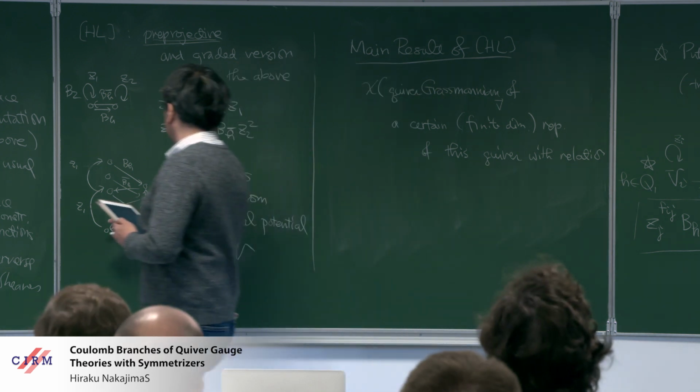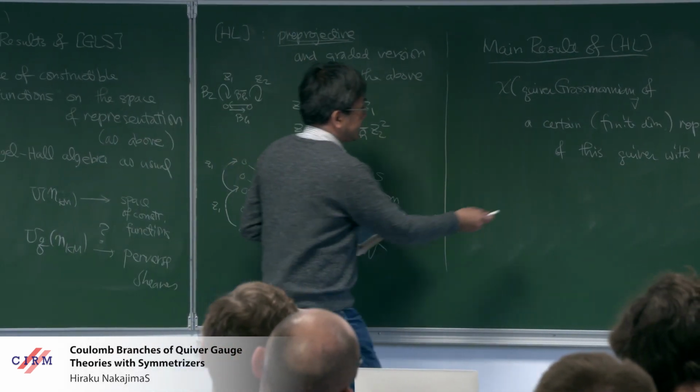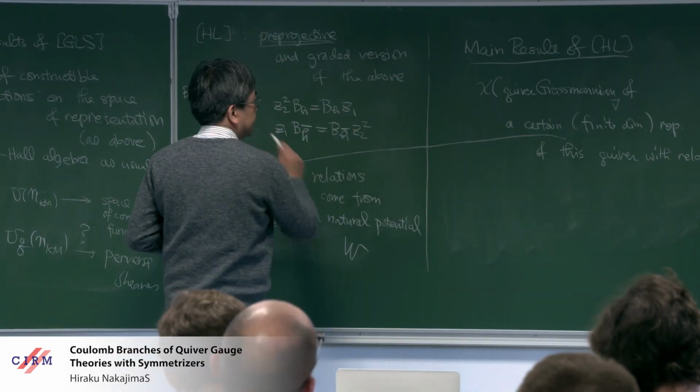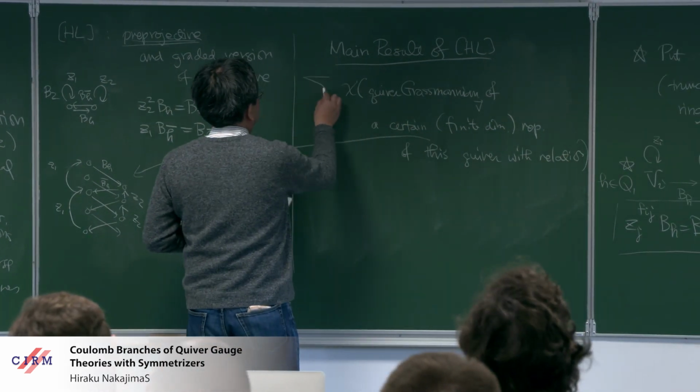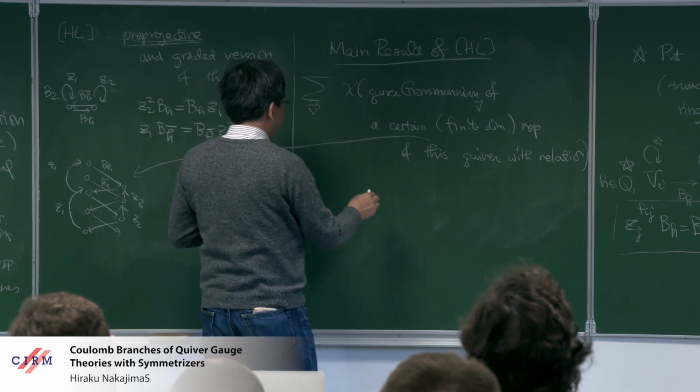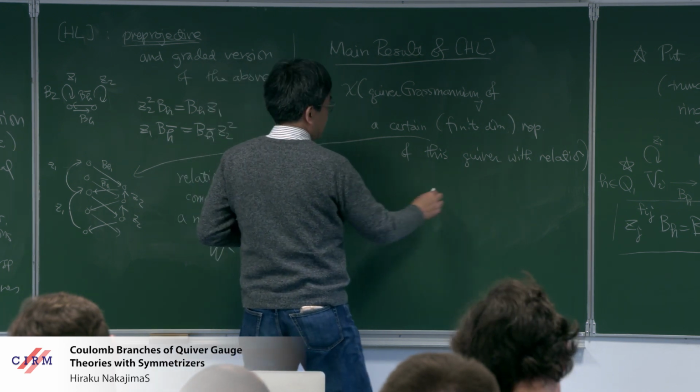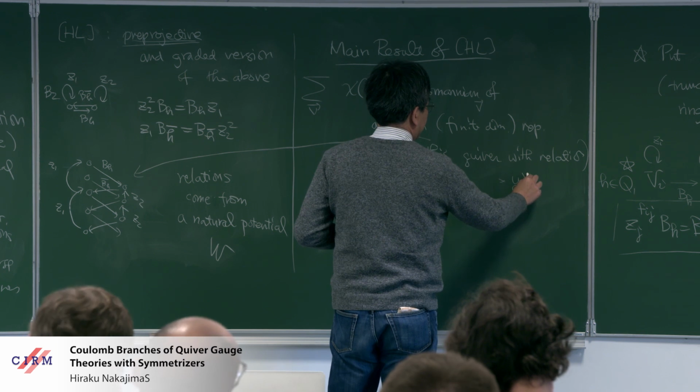This means this quiver. And then consider some generating function. They introduce some variable, maybe times y of b.